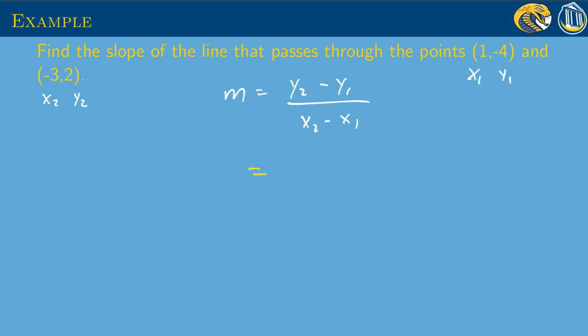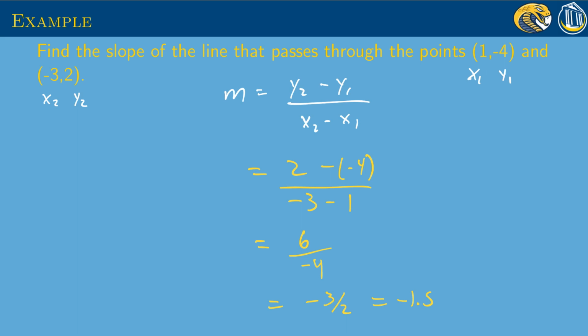Let's go ahead and plug these in. y2 is 2, and y1 is minus 4. x2 is negative 3, and x1 is 1. We've got to be careful of our minus signs here. 2 minus negative 4, that's the same thing as 2 plus 4 is 6, and negative 3 minus 1 is negative 4. We could simplify this as minus 3 over 2, or minus 1.5 if we wanted.